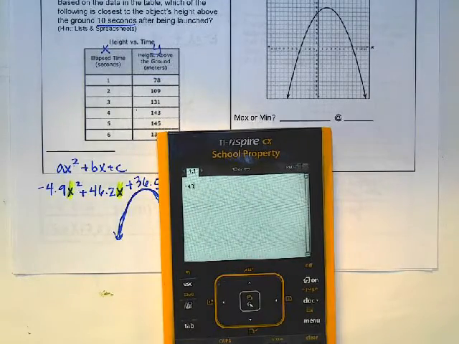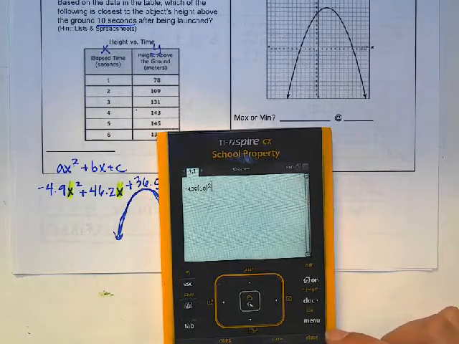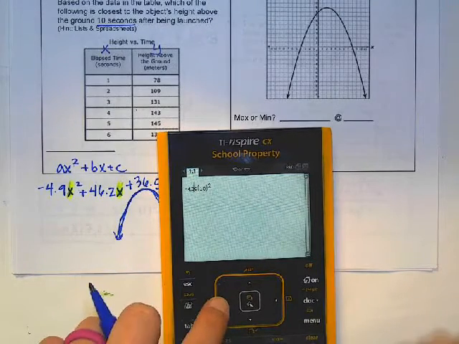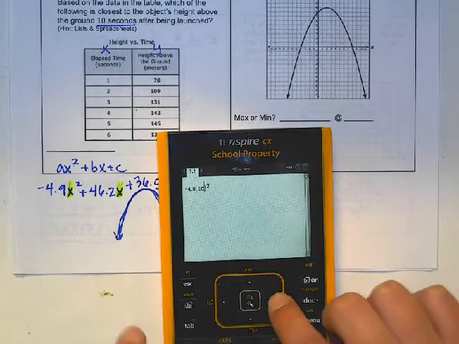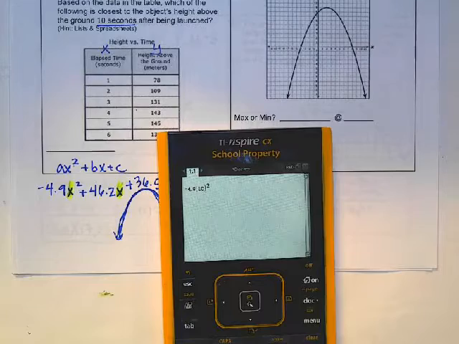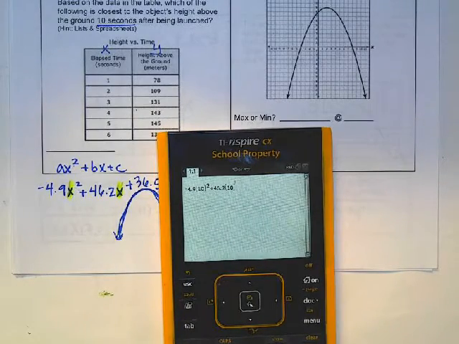So I'm going to plug it in my calculator. Negative 4.9 times 10 squared. You got the point. Oh, you're right. It did a 0 instead of a point. Point. There we go. Click 0. Okay. Negative 4.9 times 10 squared plus 46.2 times 10 again, because there's another x, plus 36.5.